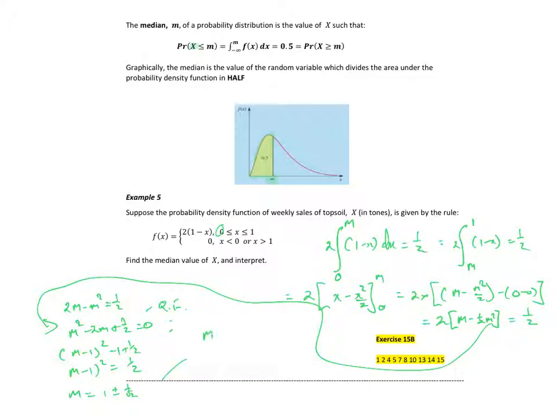The one m equal to 1 plus 1 on root 2 is outside the domain. Therefore, I need m equal to 1 minus 1 on root 2. So that's the value. So really what that means is the probability of being between 0 and 1 minus 1 on root 2 of 2 times 1 minus x dx is equal to 0.5. That's my median value. All right?